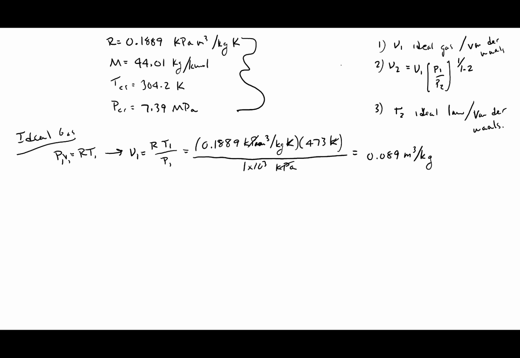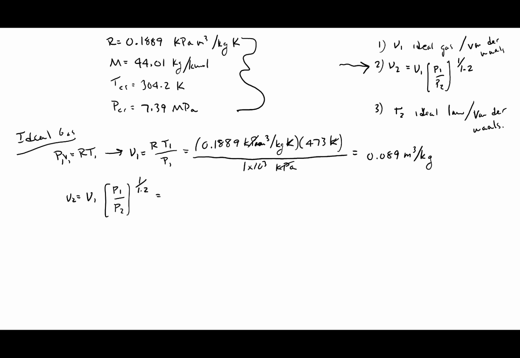Now we're on step 2. From the fact that this is a polytropic process, we know the relationship between pressure and volume, so we can calculate V2. V2 is equal to V1 multiplied by P1 over P2 to the 1 over 1.2.